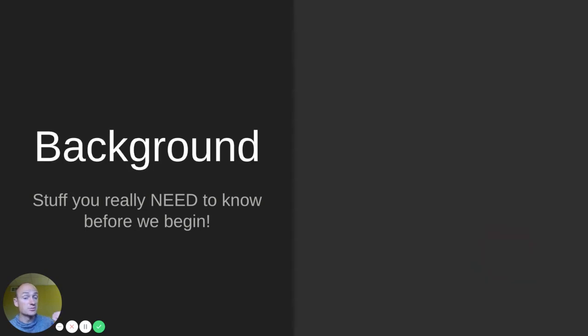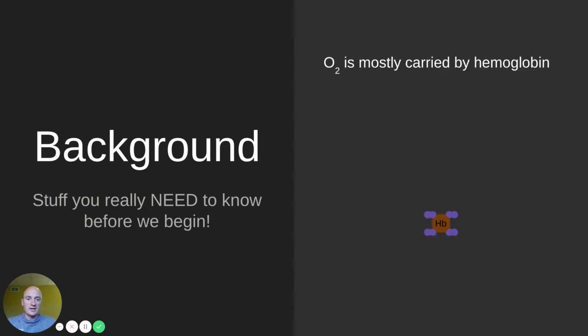Okay, that's the review. Now, some background stuff that you maybe don't know so much about, but you do need to understand this. So we're going to make sure you take some time and understand this. First of all, that little picture down there, that's how I'm going to represent hemoglobin. We have talked about hemoglobin before. It's this protein, and your red blood cells are filled with millions of these little proteins, and each one can bind to 4 oxygen molecules.